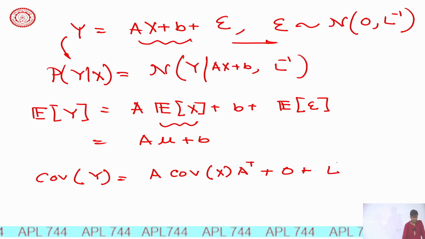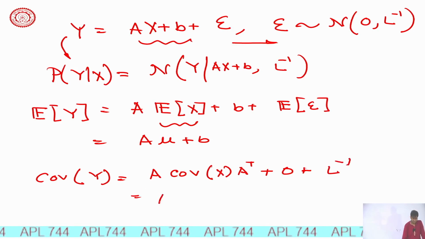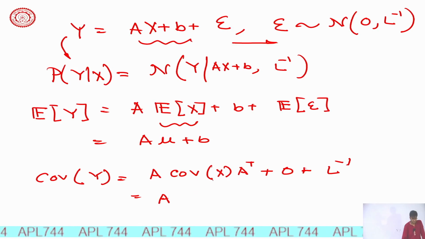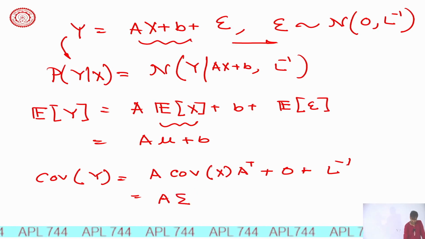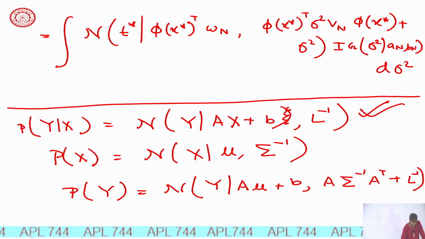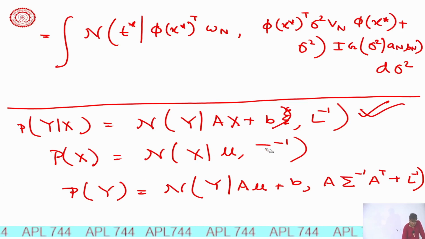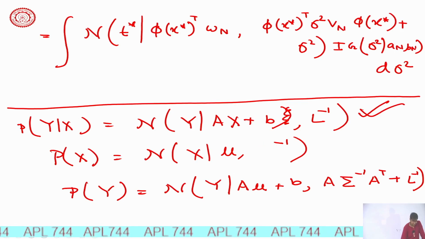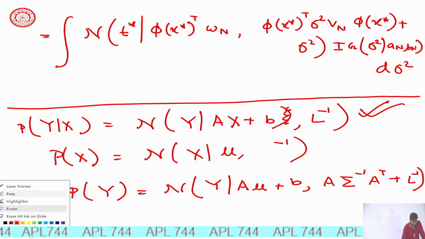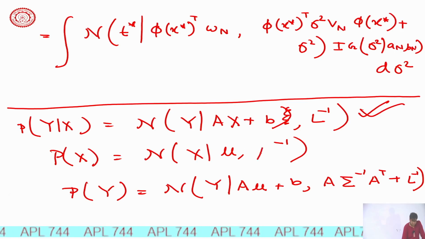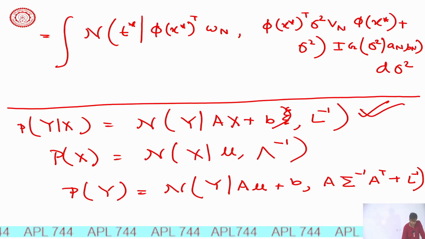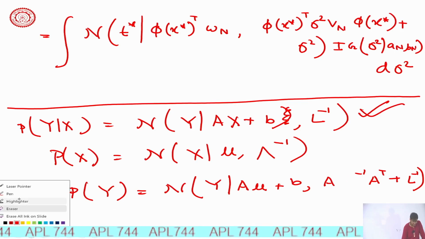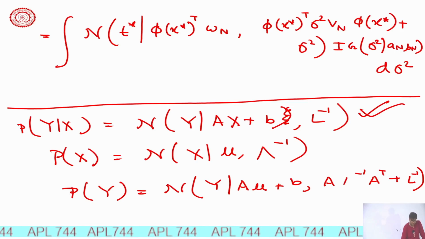So this is equal to A covariance of x, which is, let's see what I have taken, sigma, I think lambda inverse, right? Okay, there is a notational mistake here. We should call it lambda inverse, because sigma is for... I mean you can write sigma, there is nothing wrong there, but then sigma is your precision, not your covariance.